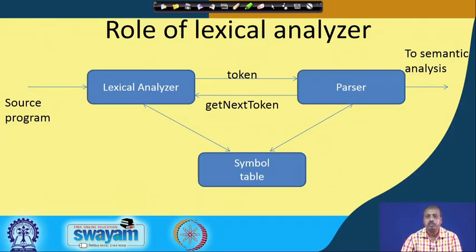So, what is a token? We will come very shortly to the definition. For the time being, you can just take it as some quantity which corresponds to the valid words of the programming language, and each valid word has a different token identifier.